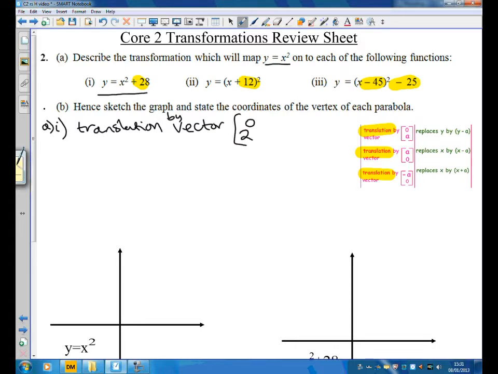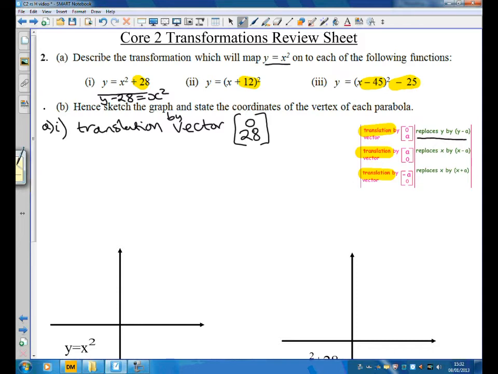Now this is because using our table, if you rewrote that equation, this is the same as y minus 28 equals x squared. So that fits in with our table. Y has been replaced by y minus 28, so the vector is 0, 28.